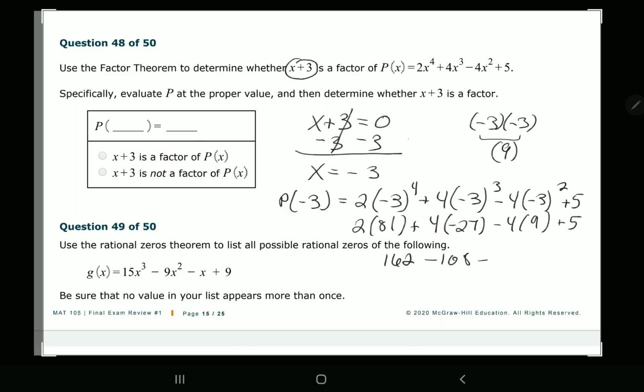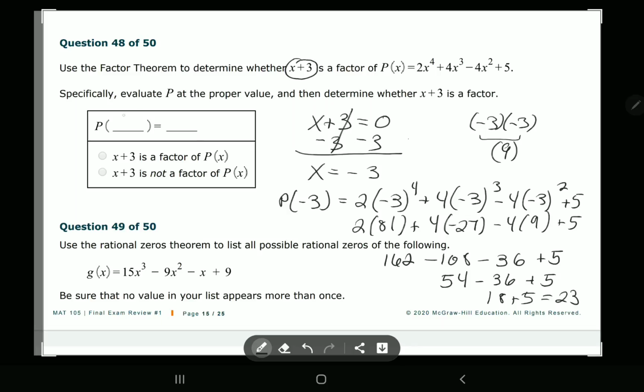Negative 4 times 9 is negative 36, plus 5. 162 minus 108 is going to be 54. Then minus 36, plus 5. 54 minus 36 is going to be 18. 18 plus 5 is 23.